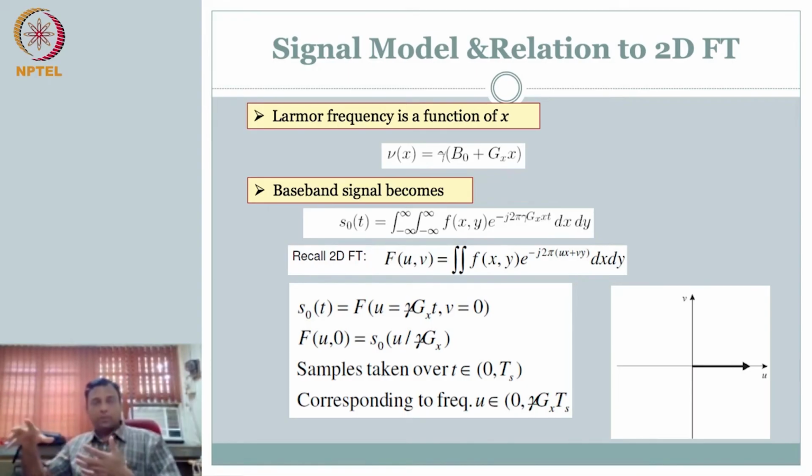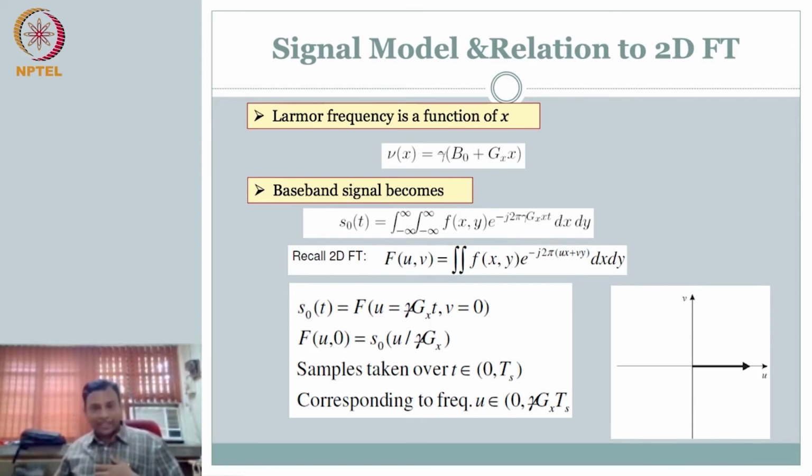Once you have the Fourier transform of the object, I can get the object as the inverse Fourier transform. So we acquired different views, different projections, took the Fourier transform, constructed the Fourier space of the object, and then obtained the object by inverse. Here, what we are seeing is that I am actually measuring directly the Fourier space of the object.